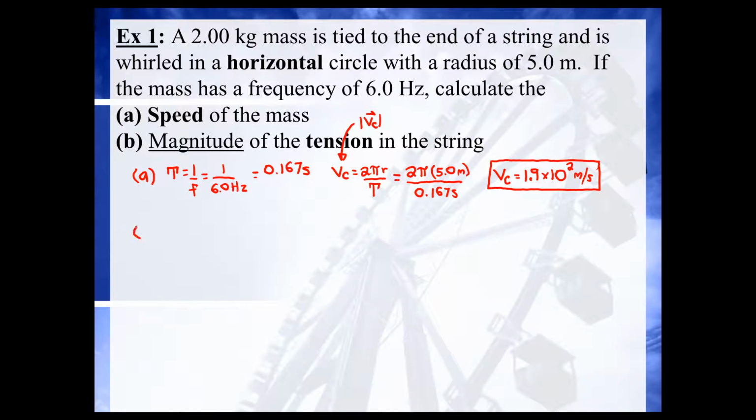B wants me to calculate a force, and to do this, we're going to use the exact same procedure we used for all our dynamics problems in the previous units. We'll start off with the free body diagram. Now, it says it's whirled in a horizontal circle. When I say a horizontal circle, it means it's being rotated in a direction that is parallel to the ground.